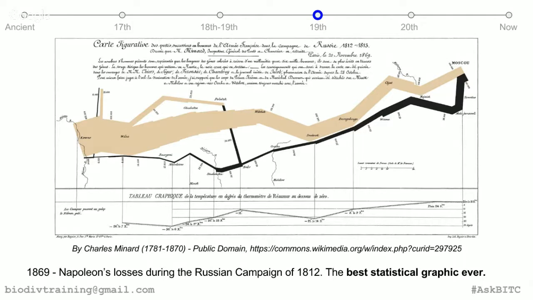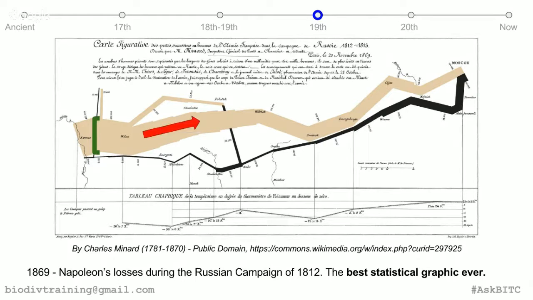The general overview of the plot is that it describes the march and retreat of Napoleon's troops from the Polish border to Moscow. So the first feature we have is the size of the army, which is the width of the lines.